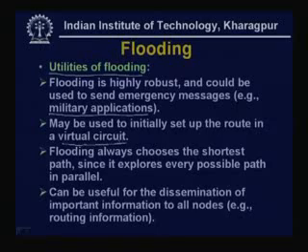By flooding, whenever the destination node receives the first packet, with minimum delay, it sends an acknowledgement with information about the route through which the packet has gone, and that can be used to set up the virtual circuit. Then subsequently all other packets can be sent through the same route. And as I already mentioned, flooding always chooses the shortest path since it explores every possible path in parallel. So, this is another important advantage, and that is why it is useful.